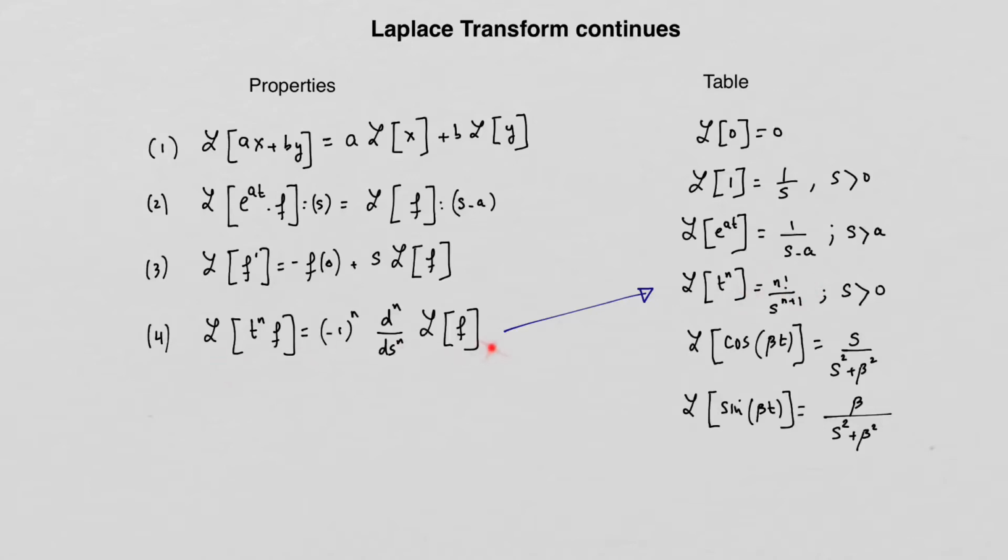But I think we could just use this very quickly, because if you notice here, if I force the function f of t to be 1, which is definitely of exponential order, because we know that 1 is between negative e to the at and e to the at, and we know that 1 is continuous, therefore the integral exists, the integral converges. And by the way, let me just say this quickly.